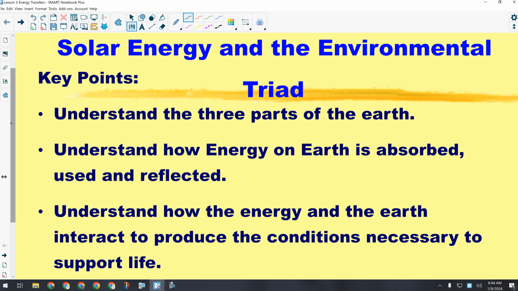We have to look at how energy on Earth is absorbed, used, and reflected. That is probably going to be the biggest part of this lesson, because those are the three fates of solar energy.